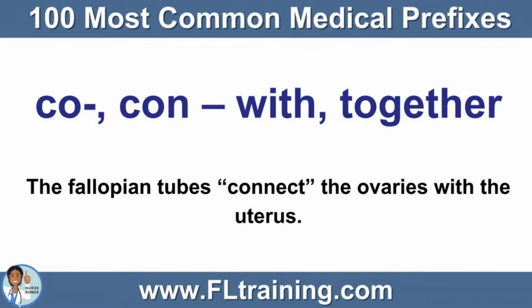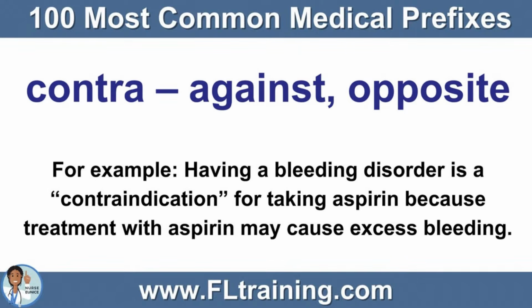Co or con means with or together. So the fallopian tubes connect the ovaries with the uterus. So whenever two things are coming together, think of the prefix con or co. Contra means against or opposite.